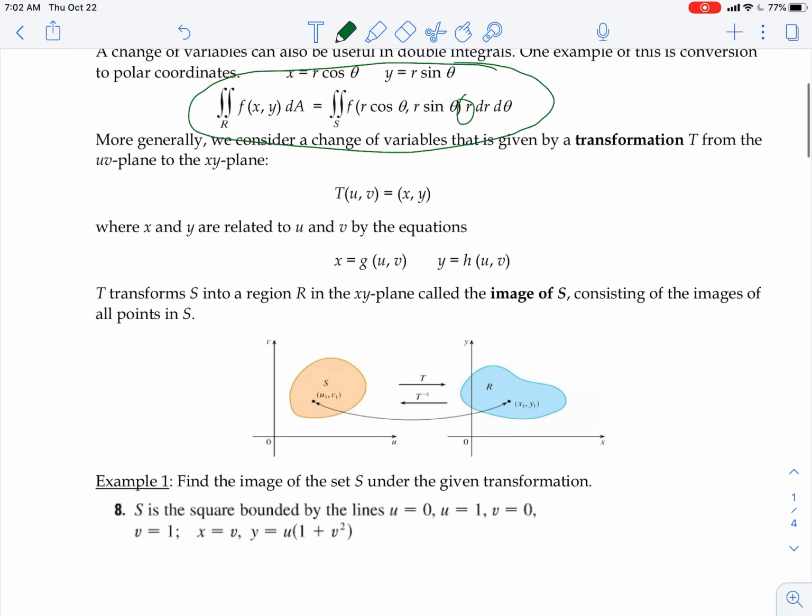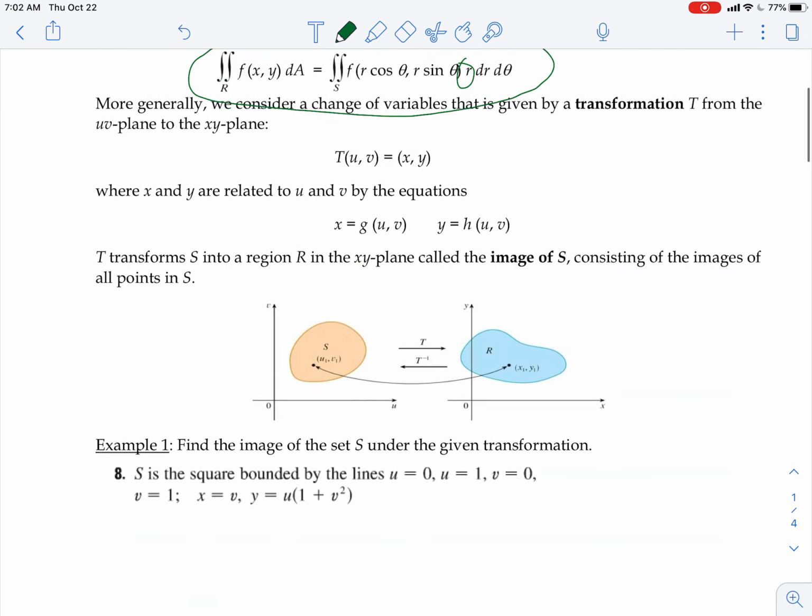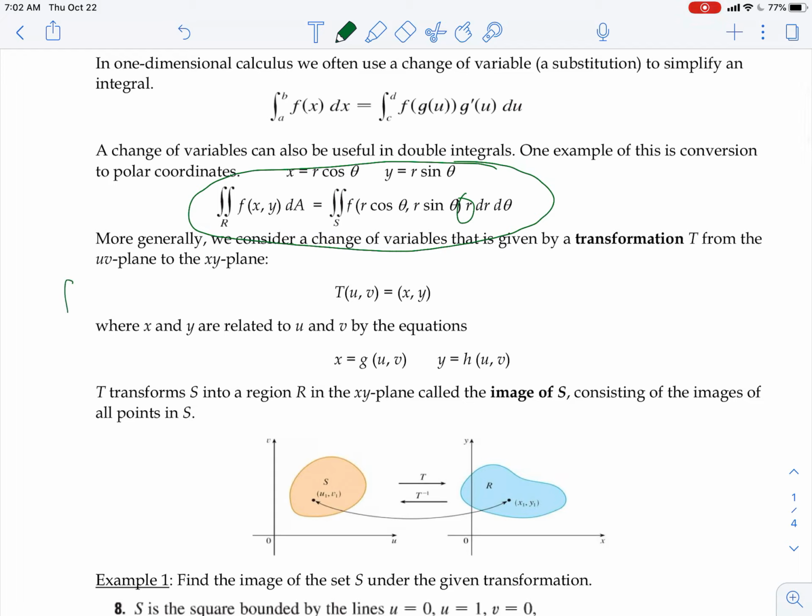So what we're going to do is take a function in terms of x, y, and change it to a function in terms of u and v, f of g(u,v), h(u,v). So we're changing all of our x's and y's in terms of u and v, and taking the area above whatever that region is.